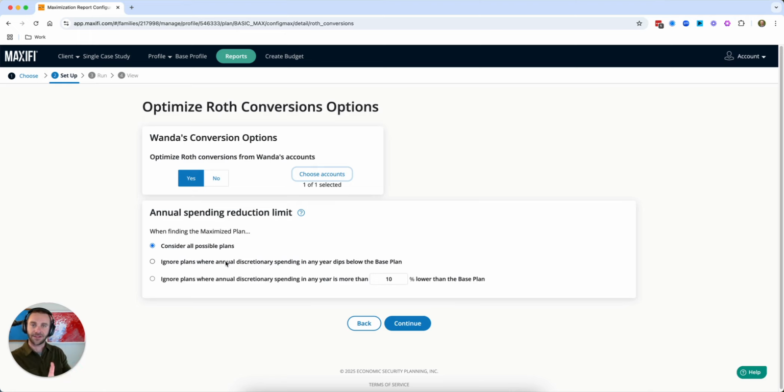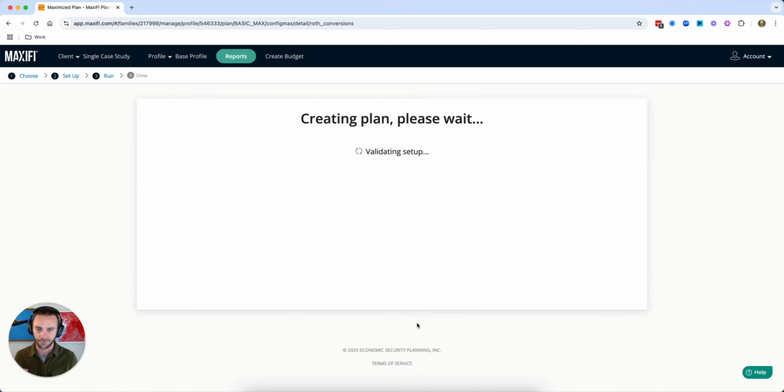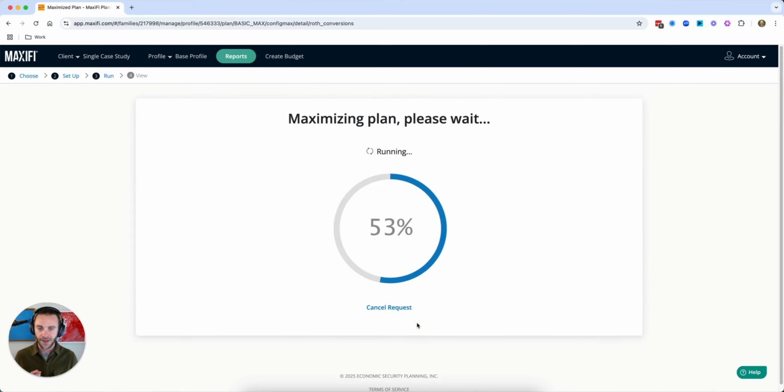You want to pay the taxes from cash. And so if you don't have a lot of cash or you have limited cash flow, you could end up with a situation where your spending is forced down because you're doing all of these Roth conversions, and you might not want to consider those. So you could ignore certain plans. For now, I'm going to consider all possible plans. Hit continue. This might take 5-10 seconds. It might take a couple minutes.